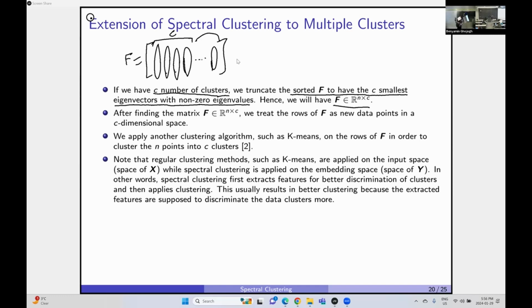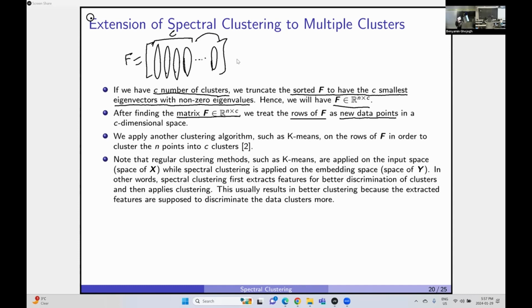Because I have C eigenvectors, each of which is n-dimensional, stacked column-wise, right? Now, after finding the matrix F, we treat the rows of F as new data points. That's beautiful. What does it mean? Because I have n data points, I also have n rows of F. If I consider the rows of F as the new data points, they become C-dimensional rather than D-dimensional, right?